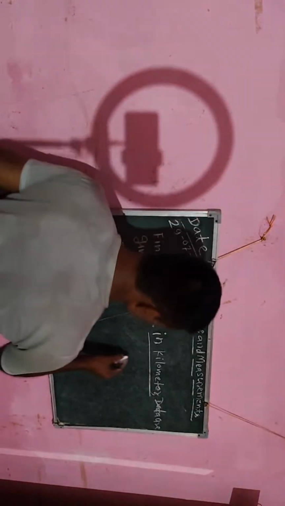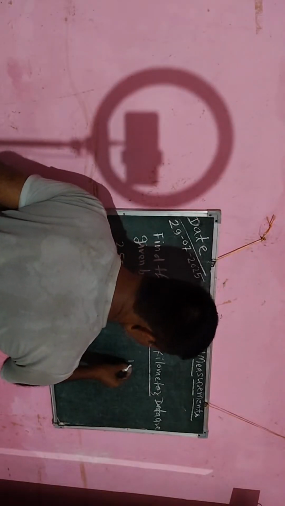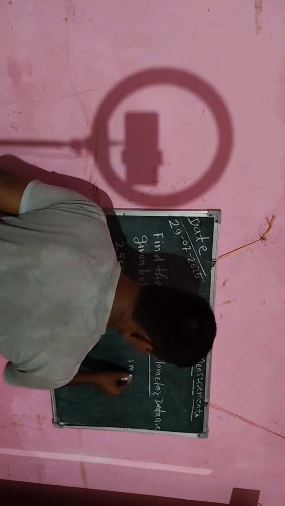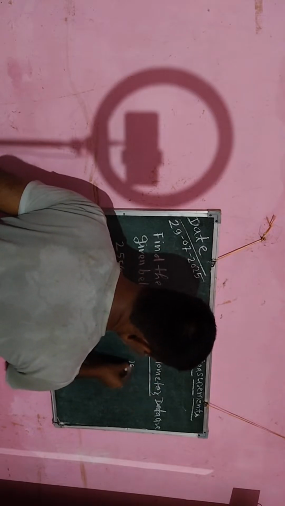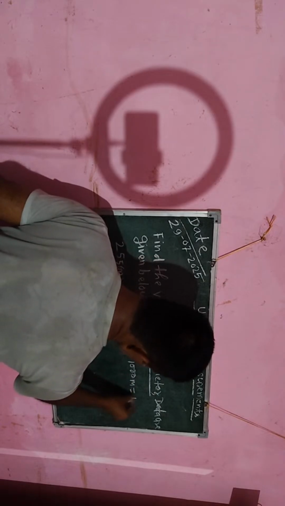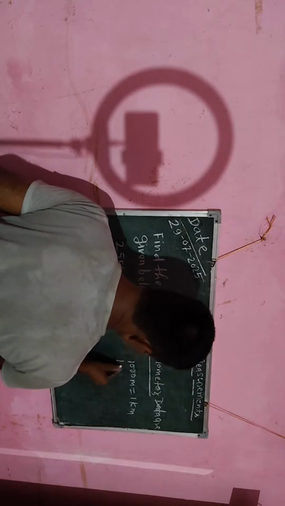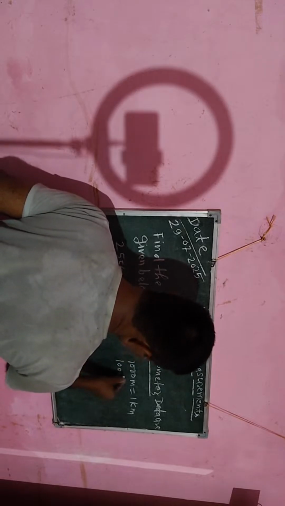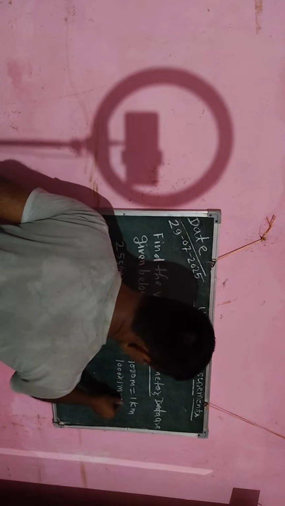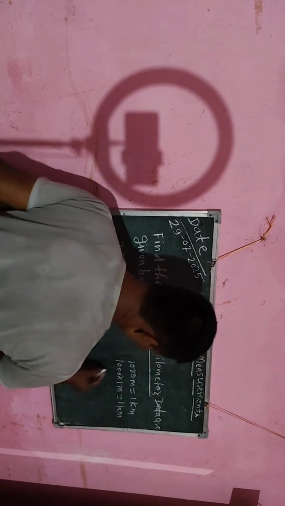Suppose that I know 1000 meter is equal to 1 kilometer. So 1000 meter is equal to 1 kilometer.